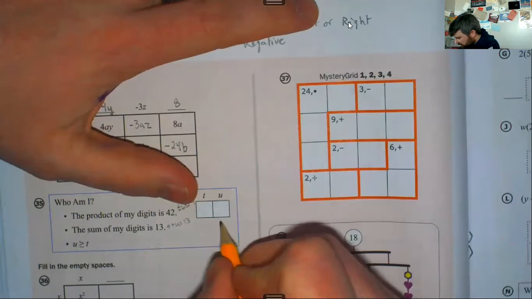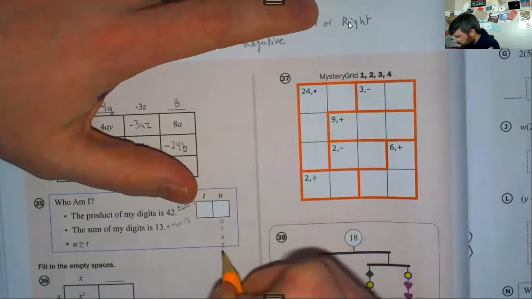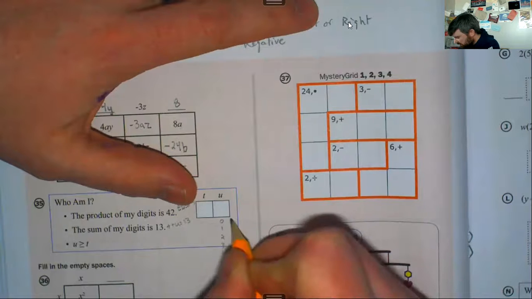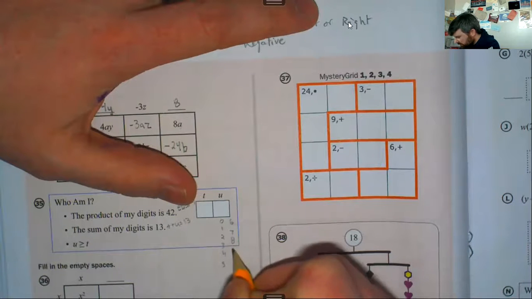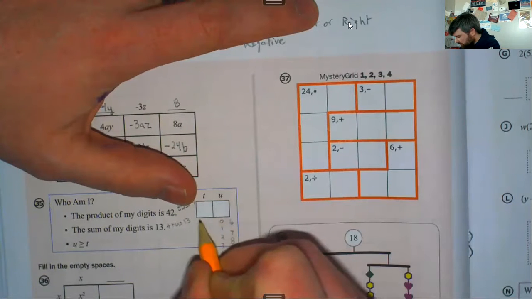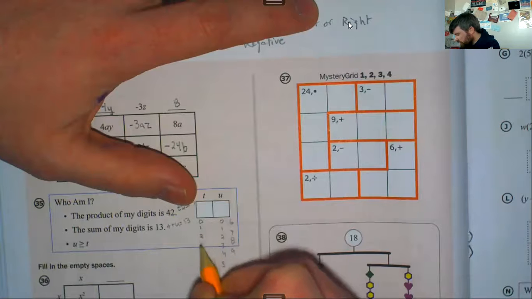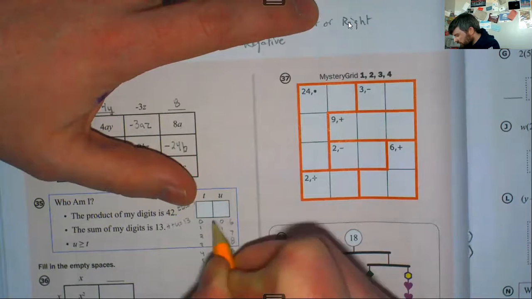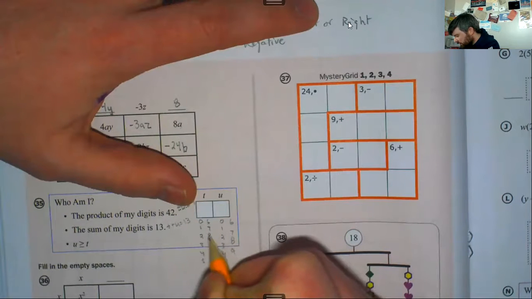So we'll start here with 0, 1, 2, 3, 4, 5, 6, 7, 8, 9. Those are the numbers it could be.